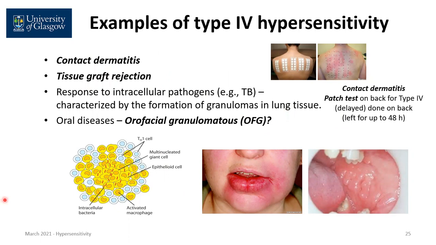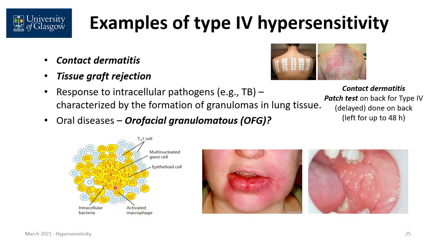Within the context of the oral cavity, there is some suggestion in the literature that OFG, which we've talked about in the chronic inflammation lecture, may actually be an example of a type 4 hypersensitivity reaction, where you have T helper cells and also cytotoxic T cells interacting with the tissue resident macrophages.